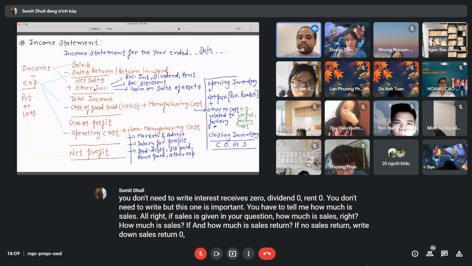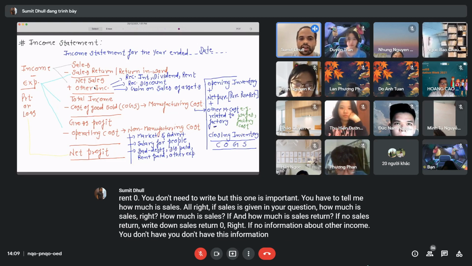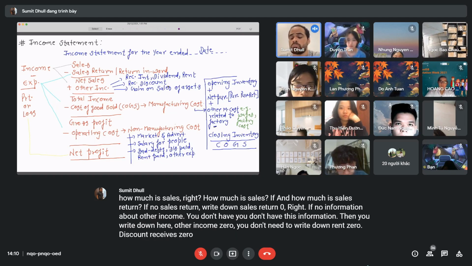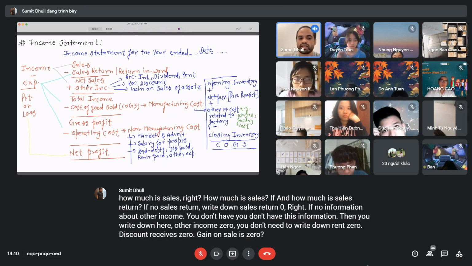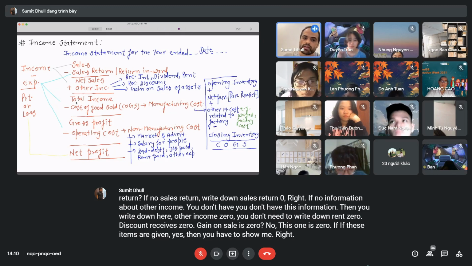If no information about other income, then you write down here other income 0. You don't need to write down rent 0, discount received 0, gain on sale 0. If these items are given, yes, then you have to show me. Same thing here, cost of goods sold.